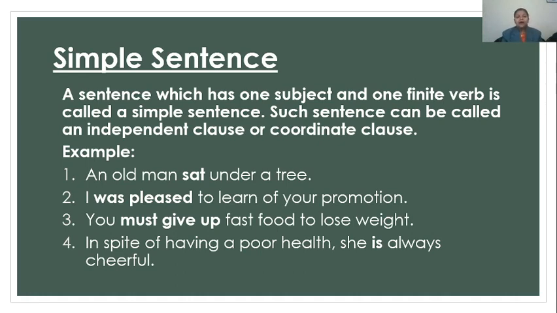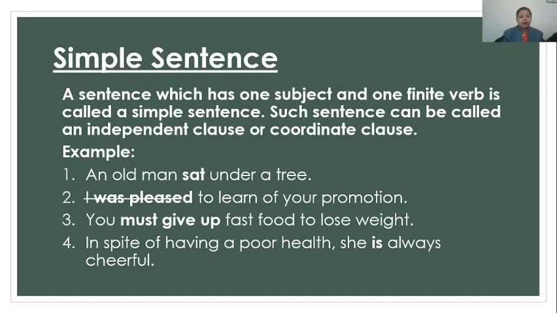An old man sat under a tree. Let's find out the number of clauses, or you can say, let's find out the number of subjects and finite verbs in a sentence. If more than one finite verb is present, it means that it is not a simple sentence.